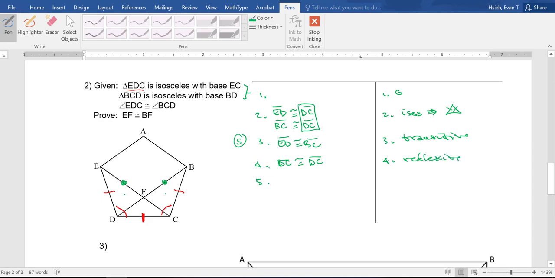Step 5, I know that this is true. That's given. So this is my side, and this is going to be my angle here. So step 6, I know that triangle EDC is congruent to triangle BCD by SAS from steps 3, 4, 5.